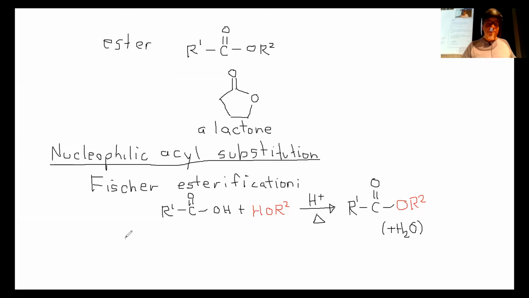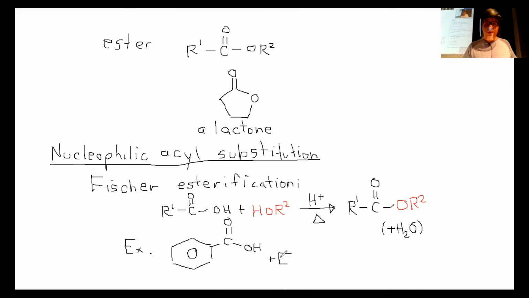So to give an example of a Fischer esterification, let's say that we took benzoic acid, and again, you could take any carboxylic acid you liked. And let's say that we treated this with ethanol.